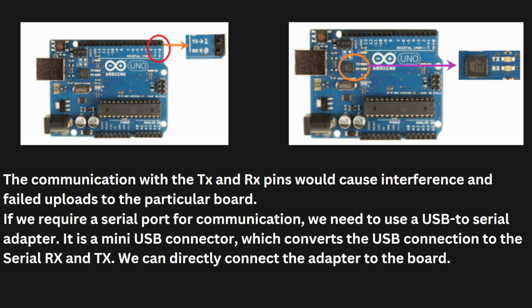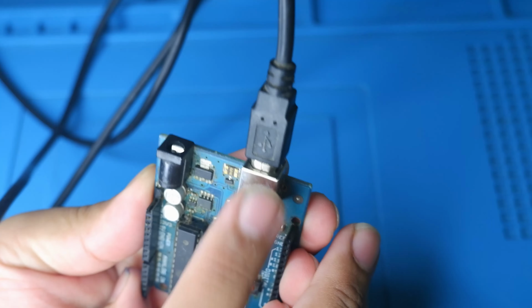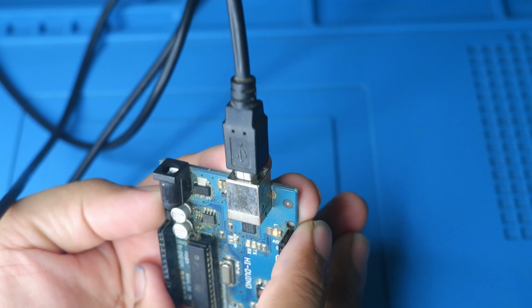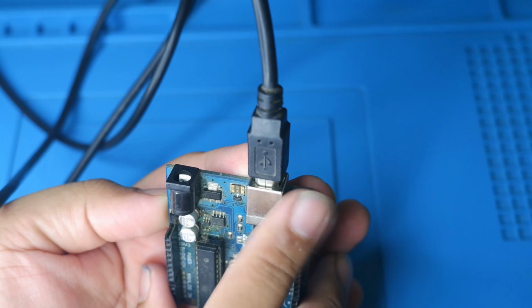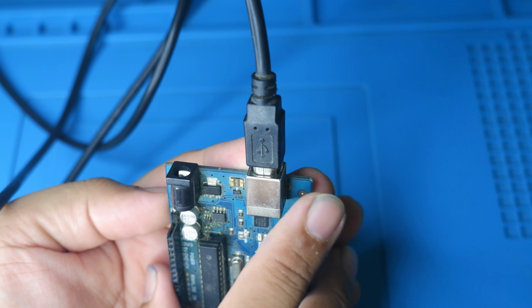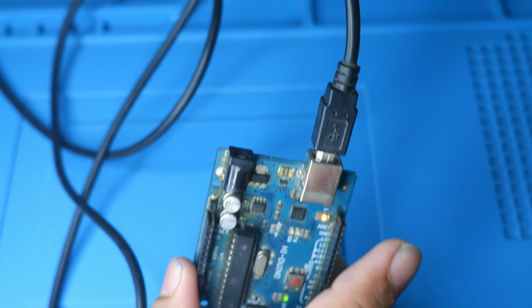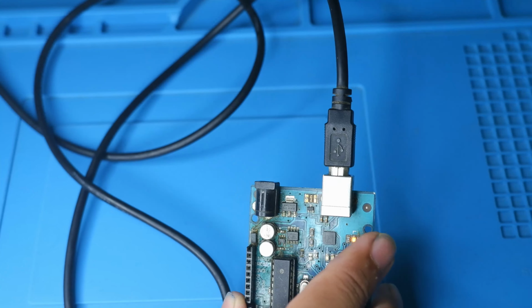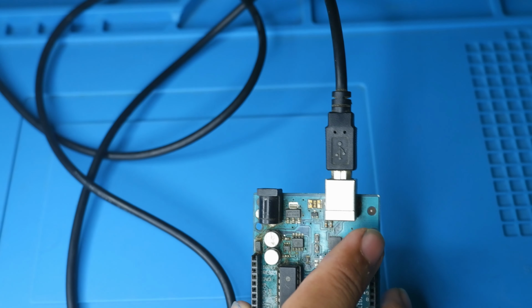Now, where is this adapter on the board? Going back to the board, you can see here at the top, we have a USB type connector, which is basically nothing but the serial connector for this board. And we have different connectors. If you are taking NodeMCU, then they have added directly the micro USB connector.